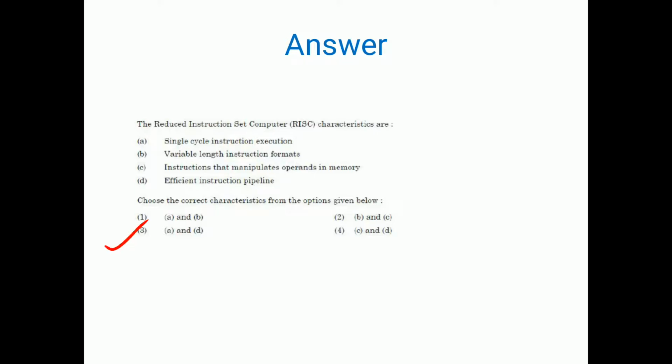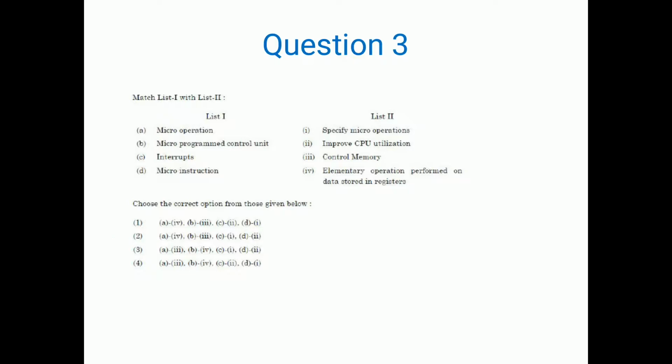Moving forward to the next question. In this question, we have to match list 1 and list 2 with one another. Option A is micro operation. We already know that a micro operation is an elementary operation in the hardware, and in list 1 the match will be D, so A is matched to D. Second is B, micro programmed control unit.